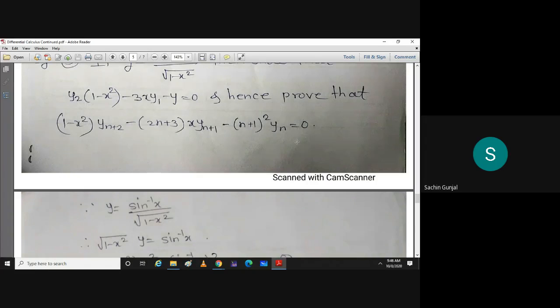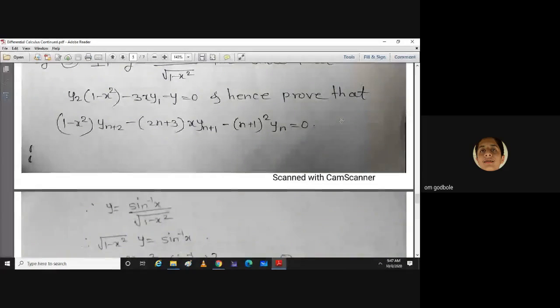Up to this step everything is fine, I guess. We have obtained this y2 into 1 minus x square minus 3x y1 minus y equal to 0. My question is how to get this 1 minus x square y n plus 2 derivative, y n plus 1 derivative, yn equal to 0. Yes, anybody?